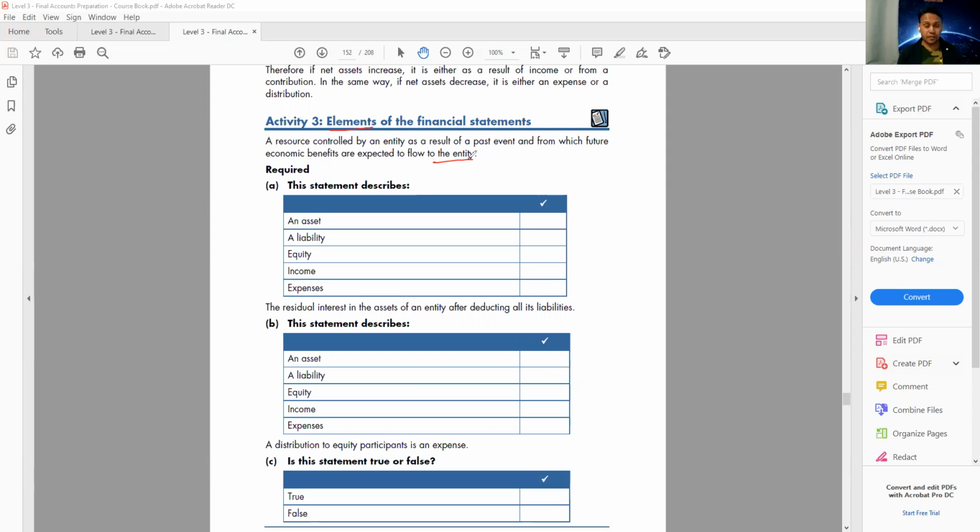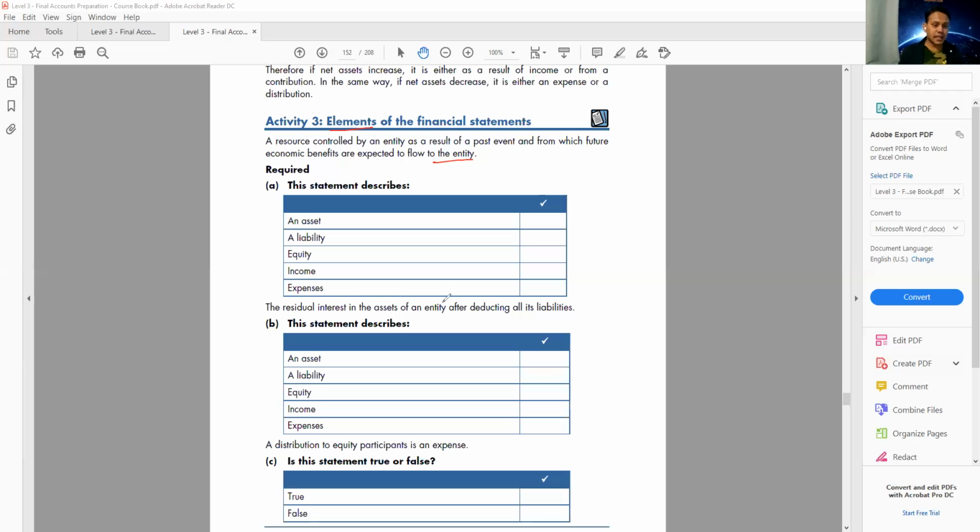For example, you buy a photocopy machine now, and from now it will start printing for the business. That will create some future economic benefit. So you buy it today, so you have a past event, and because of that, the future economic benefit will be created. So what is that?